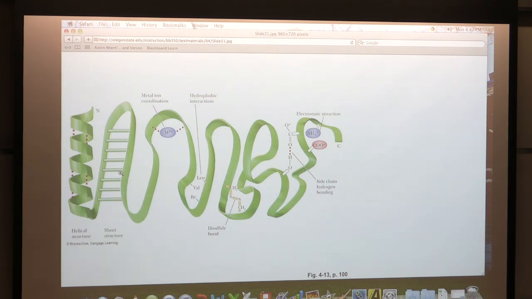Why? Because the hydrophobics like each other, and hiding on the inside is the best place to be. Okay? So hydrophobic amino acids will be on the inside of a folded protein that's dissolved in water.